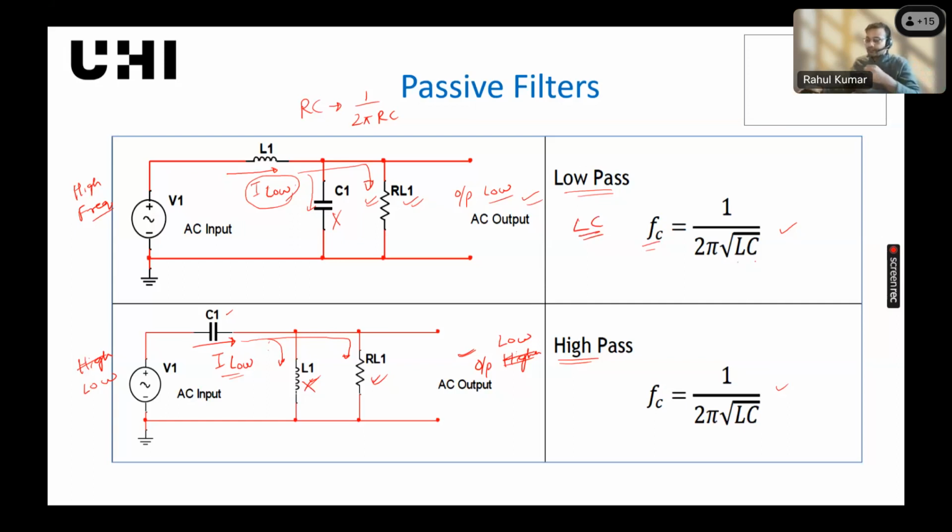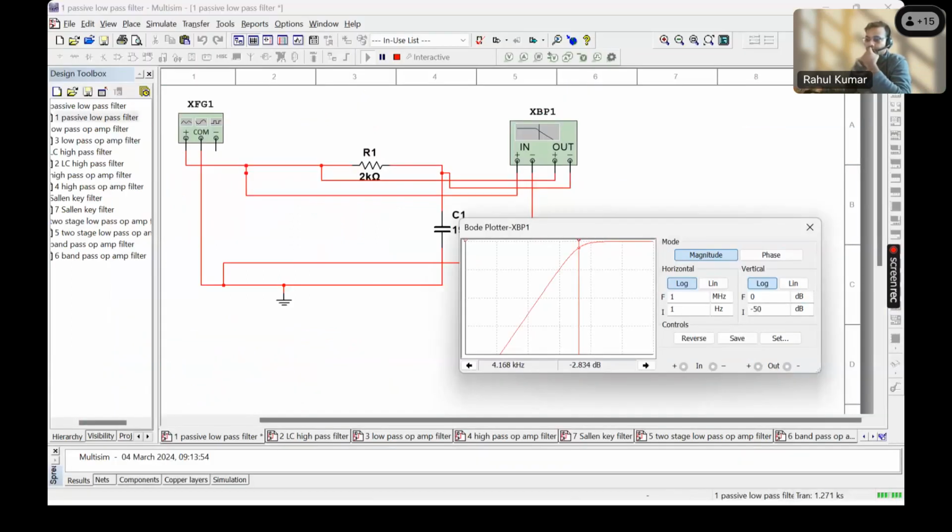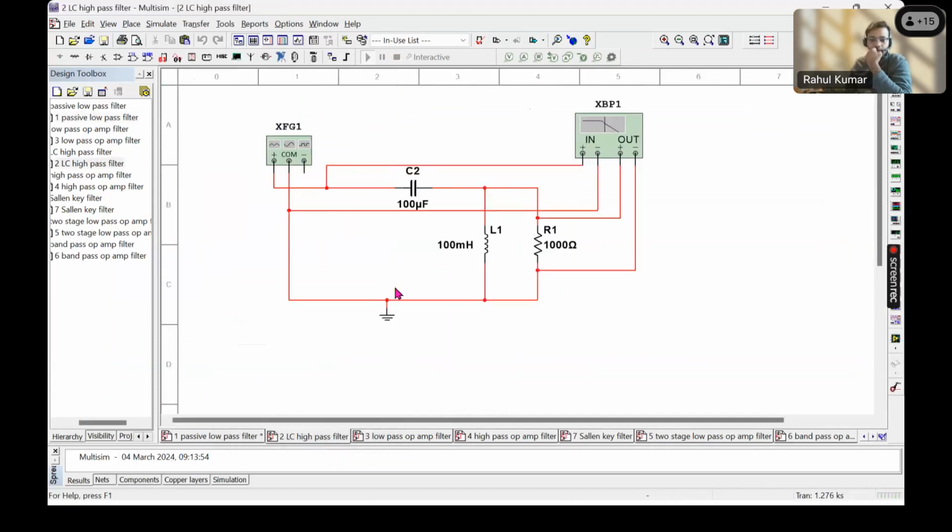Now let's look at this circuit on Multisim. LC high pass filter. Your capacitor is 100 microfarad, and the inductor is 100 millihenry.